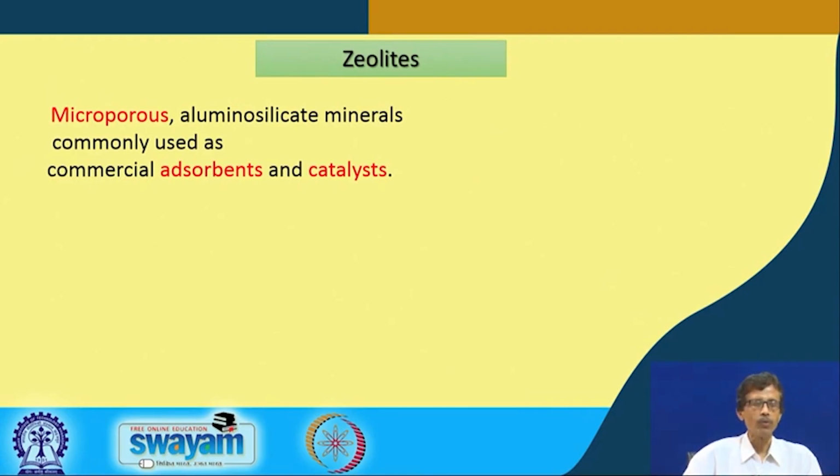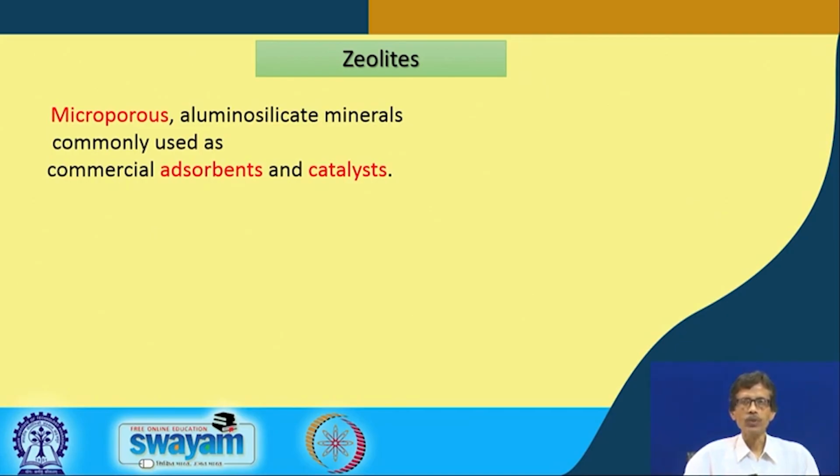These zeolites are a very important class of inorganic compounds, because they have tremendous application. So far we have been talking about silicates, and now these are the corresponding aluminosilicates.